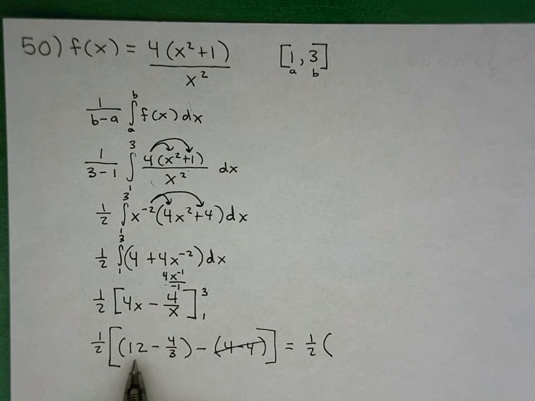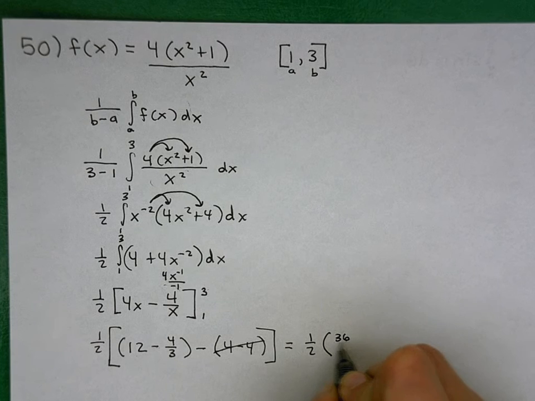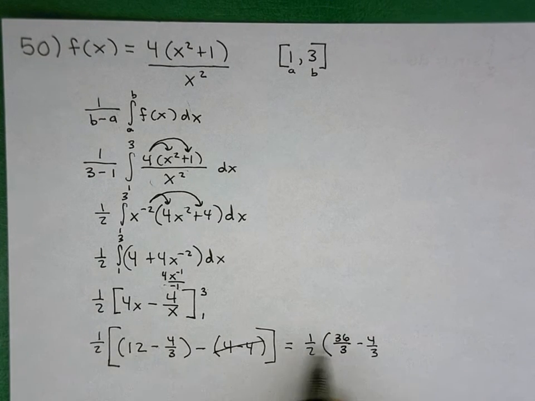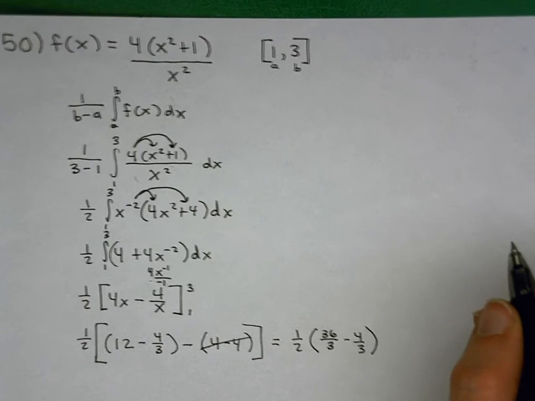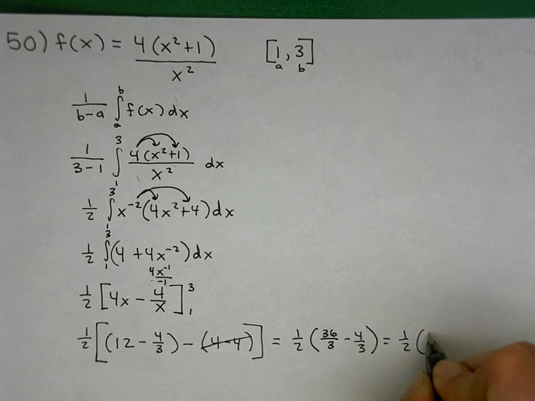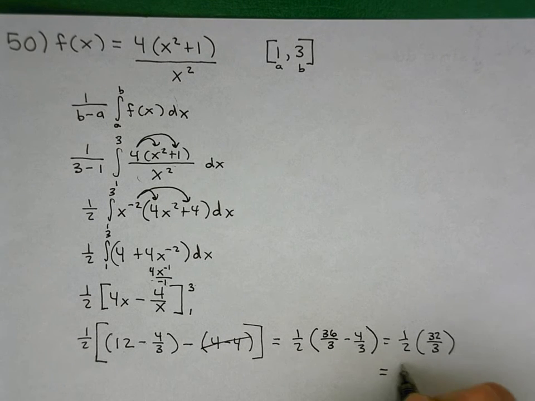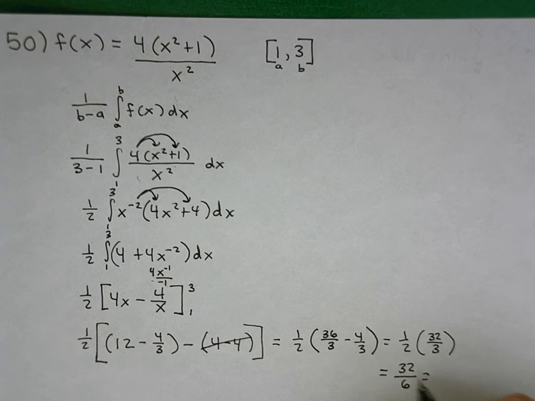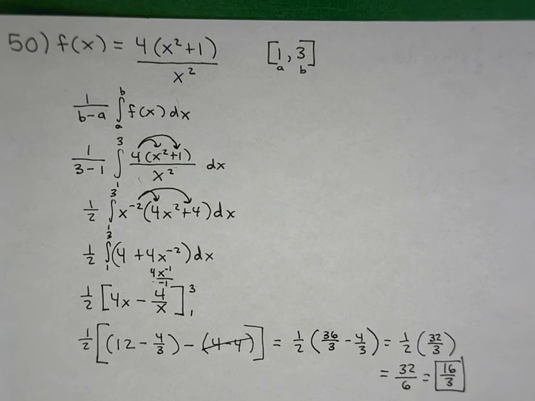And 12 minus 4/3, in order to do a whole number minus a fraction, we do have to find a common denominator here, which is 36 over 3, multiplying top and bottom by 3 to get that 36 over 3, which is 1/2. 36 minus 4 is 32, which gives me 32 over 6. 2 times 3 is 6, which reduces, 2 comes out of both of them, to 16 over 3. Okay, so that's average value.